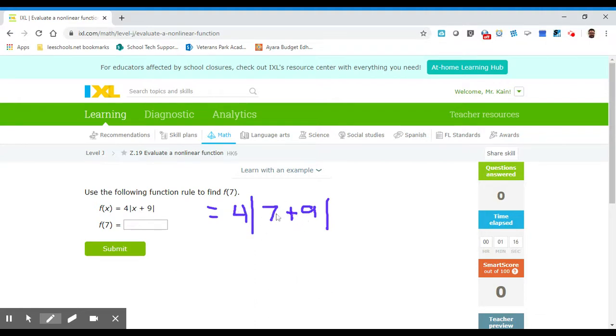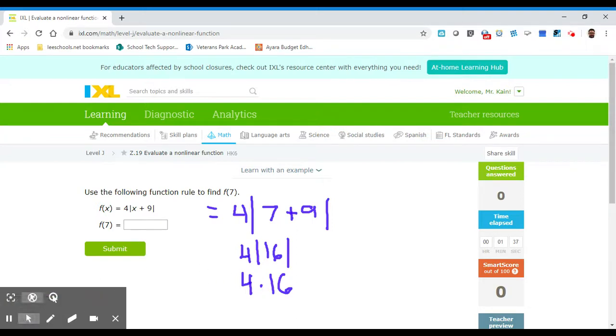So 9 and 7 is 16. So this is 4 absolute value of 16. So 4 times the absolute value of 16. The absolute value of 16 is just 16. So 4 times 16 is 64. So f of 7 is just 64.